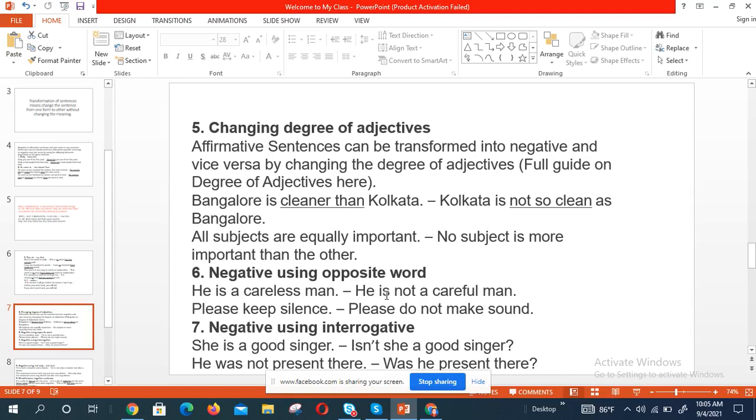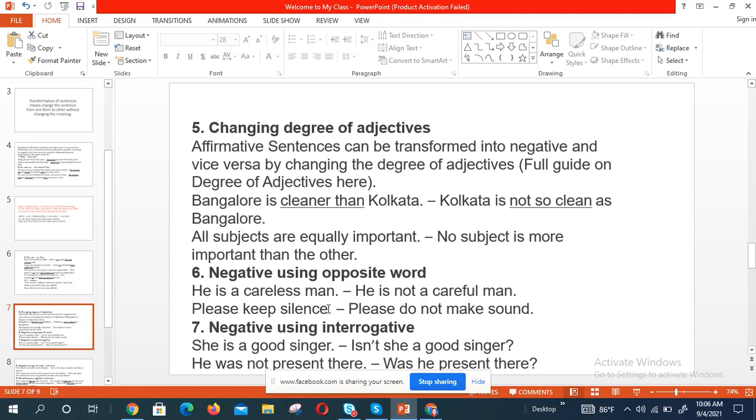Now the answer is: he is not a careful man. Careless, opposite word is careful. If you want to make it negative, you cannot change the meaning of the sentence, so you have to use some opposite word. He is a careless man. He is not a careful man.